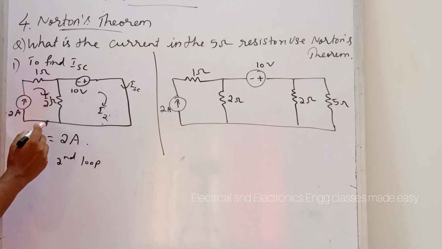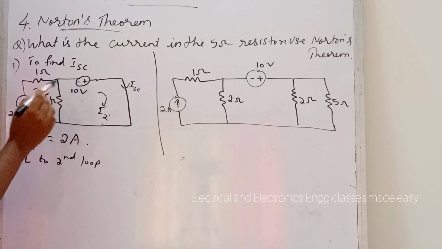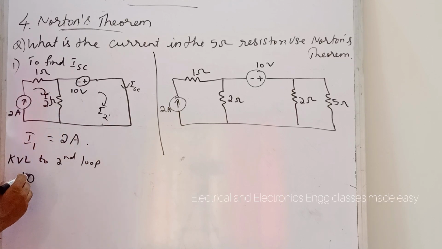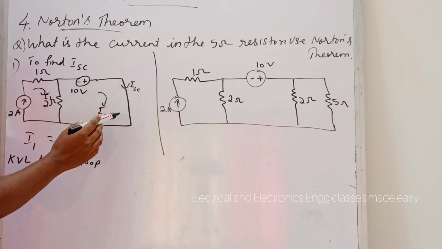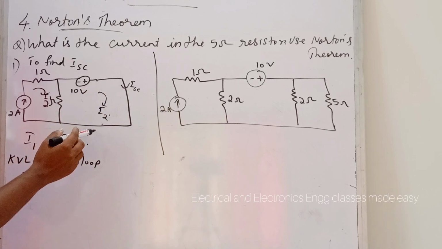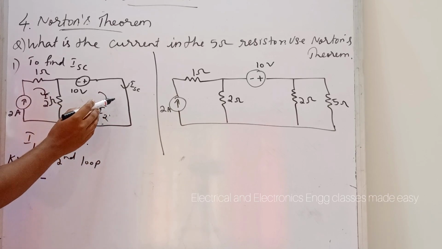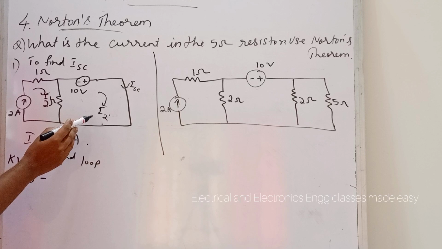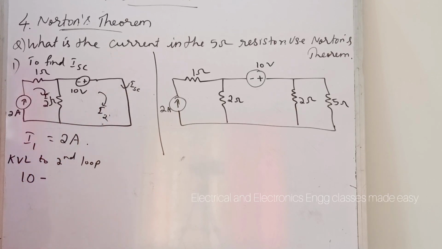Then we will get, this is minus 2 plus, so we can write 10 equal to, here this is I2 and which is same as ISC.